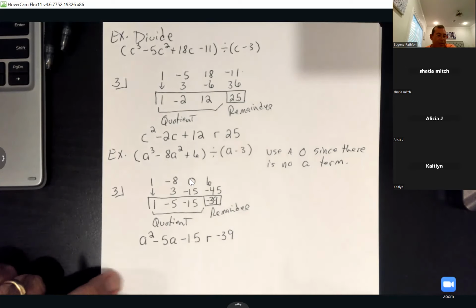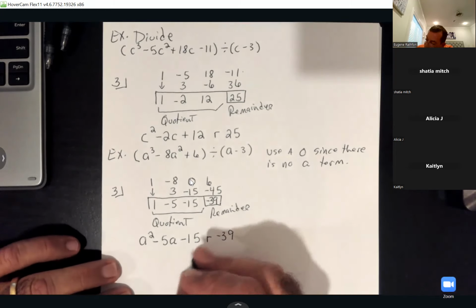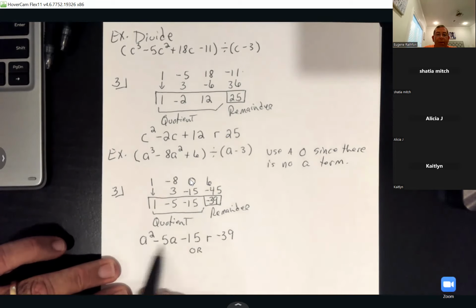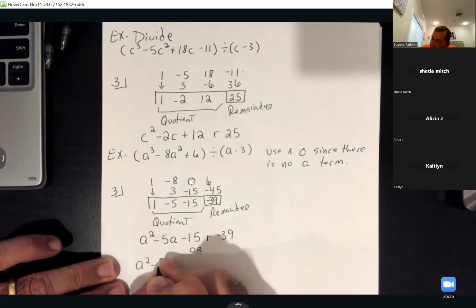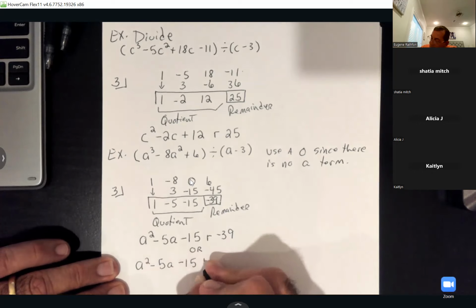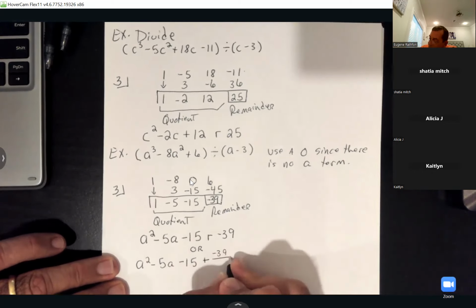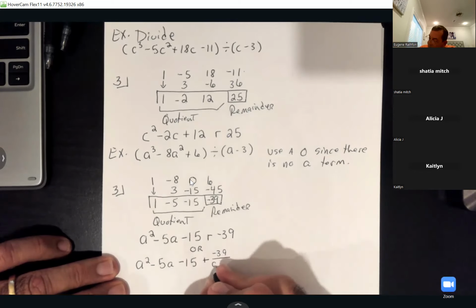But y'all, let me show you something on this one. On this one, they write the remainder in a different way. So they bring down the quotient part. So you got your a squared minus 5a minus 15 plus my remainder, which is negative 39 over what I divided by, which was the a minus 3.